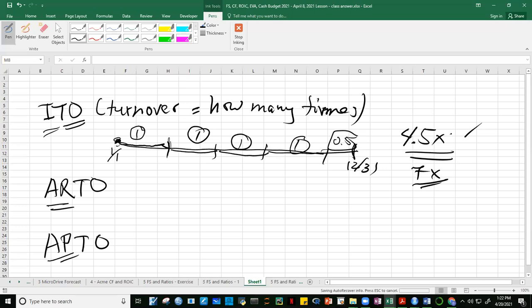So back to my question, guys, who is better here? The company with an ITO of 4.5 or the company with an ITO of 7 times? Who, guys? Please chat. What do you think? Which is the better company?